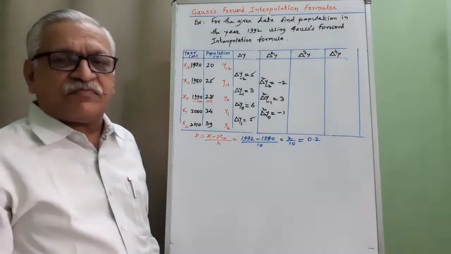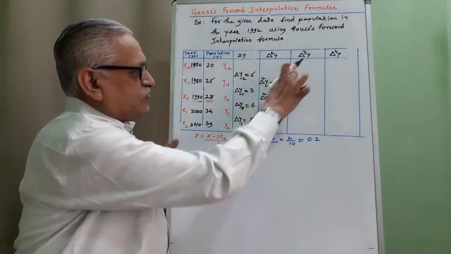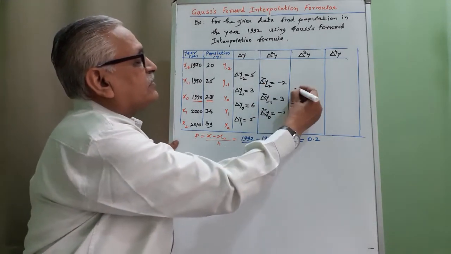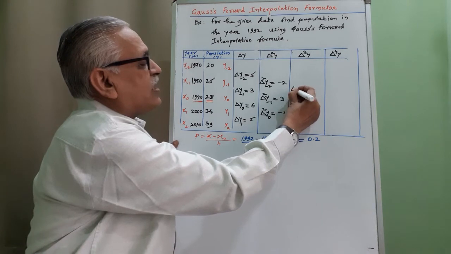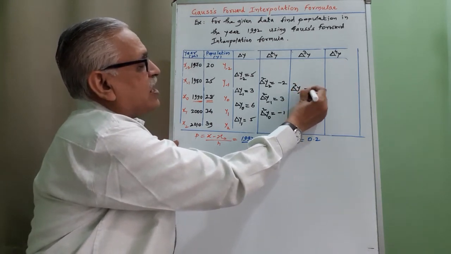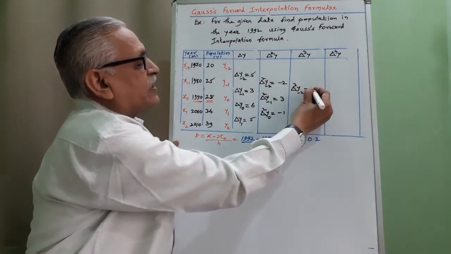Differences of this, we get third order differences as del square y minus 1 minus del square y minus 2 as del cube y minus 2 as 3 minus minus 2, we get 5.